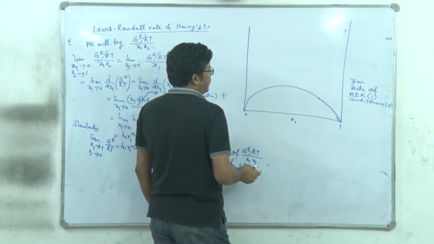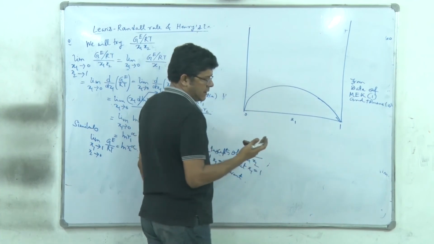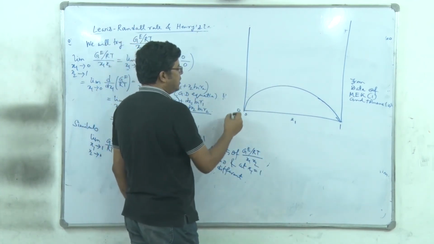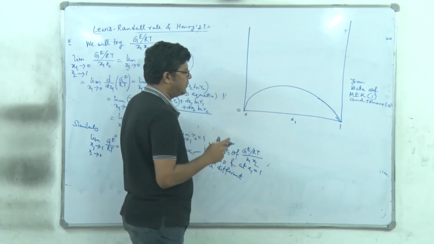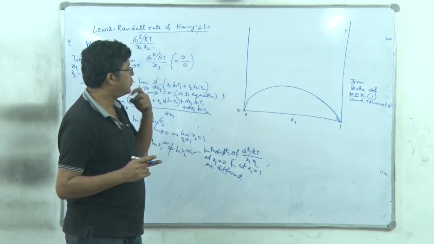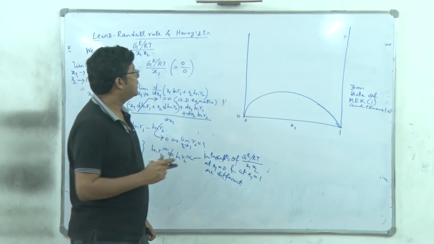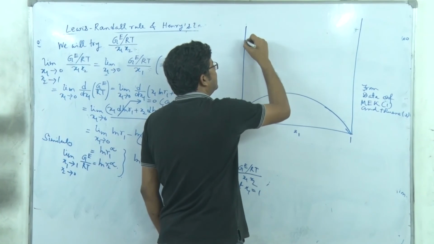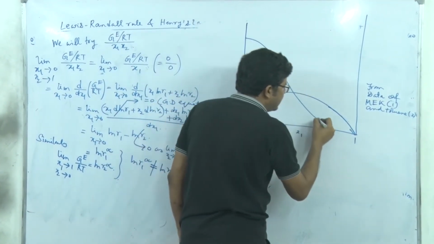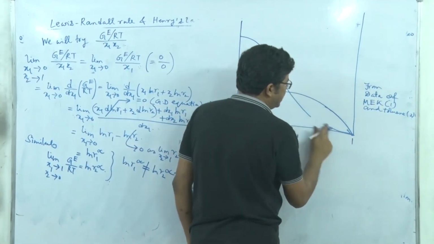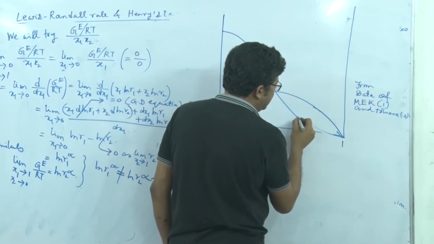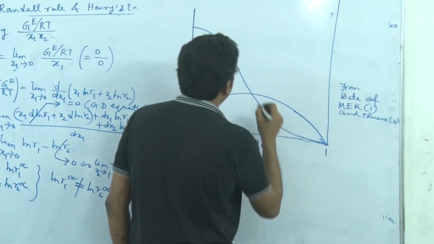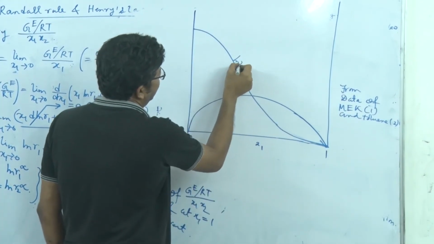So you see, if you plot this, ln gamma 1 should vanish when x1 is tending to 1, right? Actual experimental data gives you that it will be a curve like this, and it will approach this zero value with zero slope. So this is the profile for ln gamma 1.